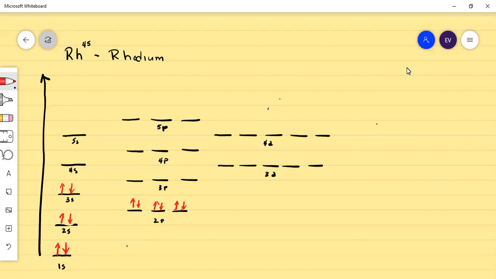Jumping across to the other side of the 3p, we have aluminum, silicon, phosphorus, sulfur, chlorine, and then the noble gas argon. So each of these little arrows represents an electron, which in turn represents an element. As you go through the electron configuration, all you're really doing is putting the elements into their respective orbitals. So now we're in the 4s.